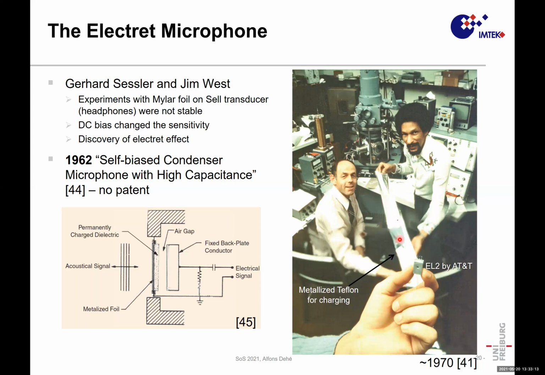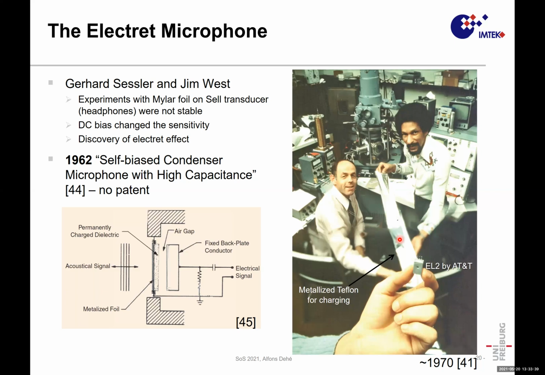So if you have polarization voltage on your metallized foil, you influence charge into the foil, which gives rise to charge dissipation. And then it builds up a counter field, and this reduces the sensitivity of the headphones. And then they said, okay, we can use this foil also to make a microphone out of it.